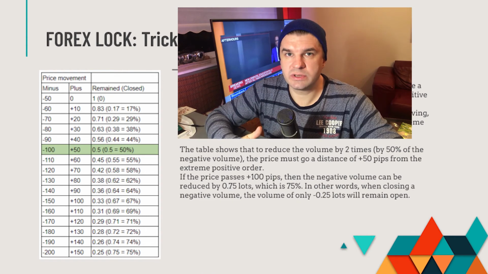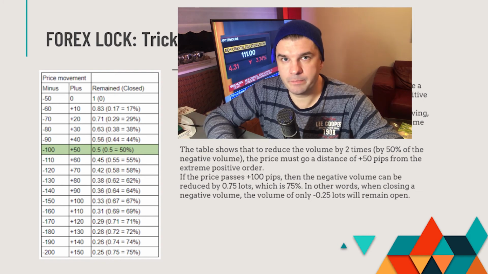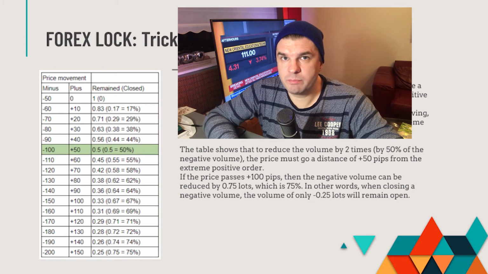The table shows that to reduce the volume by 2 times, it means by 50% of negative volume, the price must go a distance of plus 50 pips from the extreme positive order. If the price passes plus 100 pips, then the negative volume can be reduced by 0.75 lots, which is 75%.